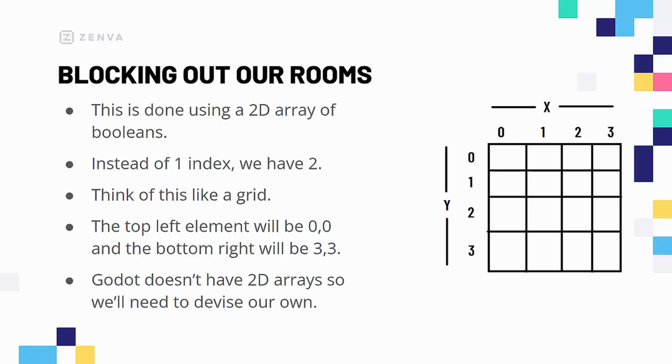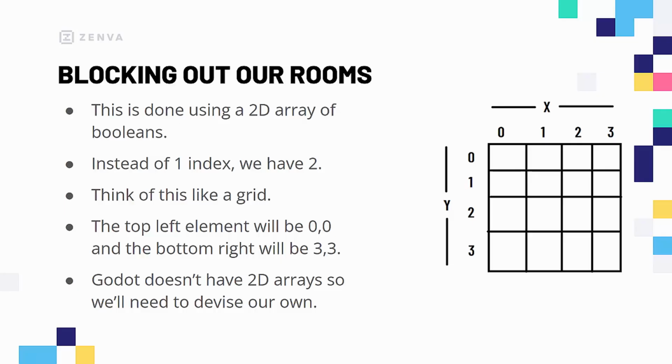This is going to be done using what's known as a 2D array. Now, you're probably already familiar with arrays. Essentially, an array is a piece of data which contain multiple different values, and you access those different values or elements by an index number, okay? 0 for the first element, 1 for the second, etc. Well, a 2D array you can think of as a piece of data that can hold multiple values, but each element of that array is associated with a index number and another index number, okay, like an X and a Y. You can think of it like a 2D grid.